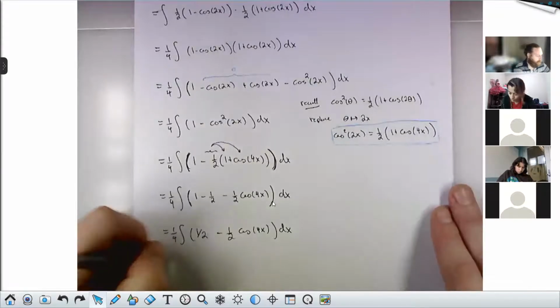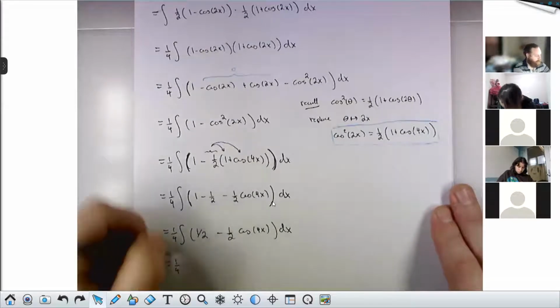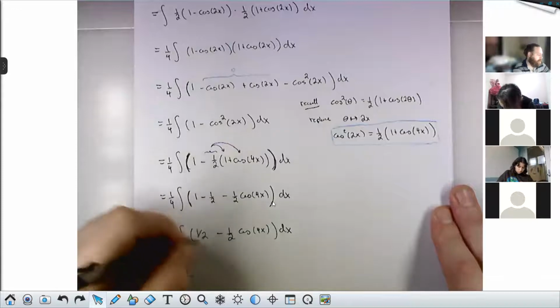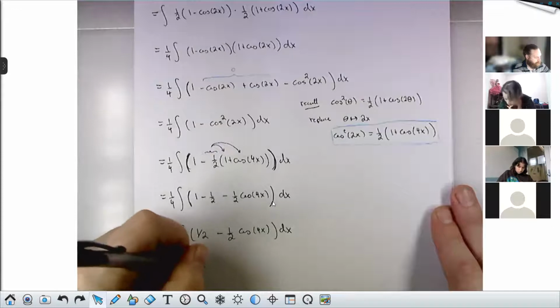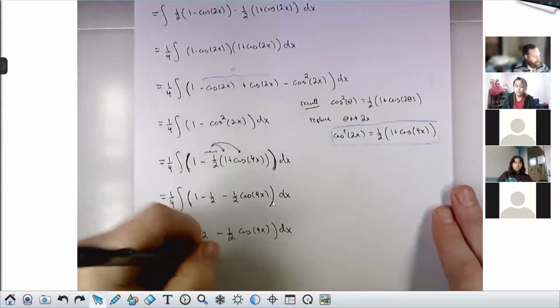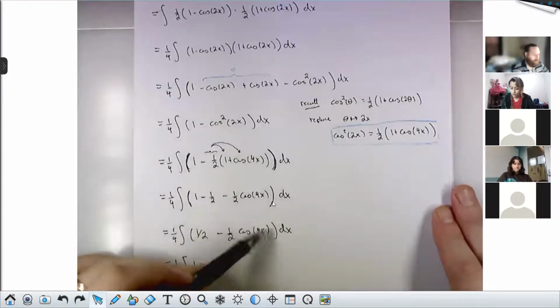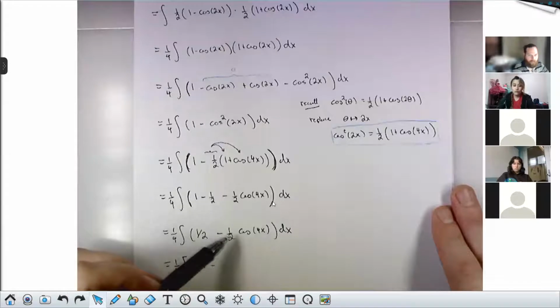Now we're ready for our antiderivative. I've got my 1/4 out front. Antiderivative of 1/2 dx is 1/2 x minus antiderivative of cosine 4x, which is sine 4x over 4. I also have a 1/2 here.